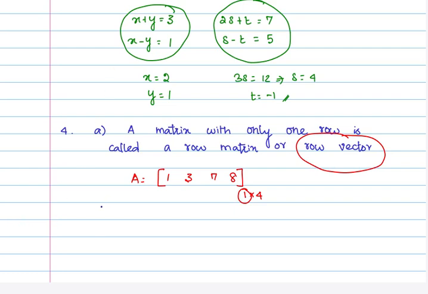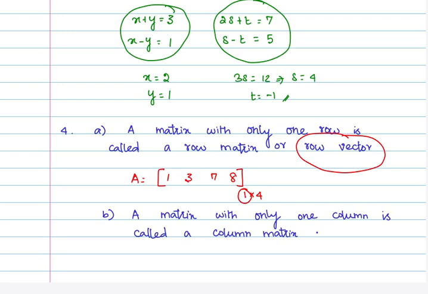Similarly, a matrix with only one column is called a column matrix or column vector.